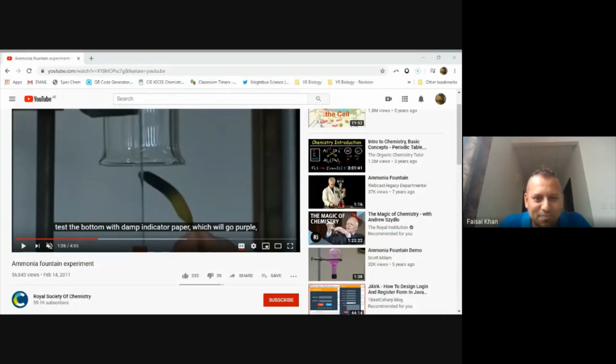Okay, good. So you can see at the bottom what they've done is they've got this ammonia gas going upwards, and the reason why they've got the ammonia gas jetting upwards is because ammonia is lighter than air, so it will float upwards. Okay, and you can see over here that it looks like a feather, it looks like a leaf.